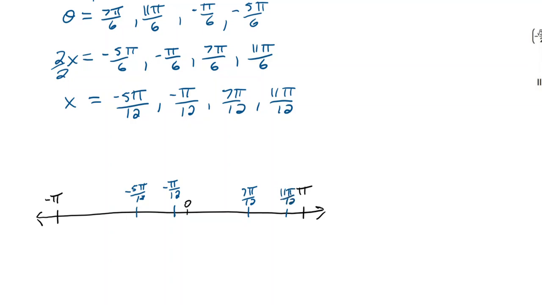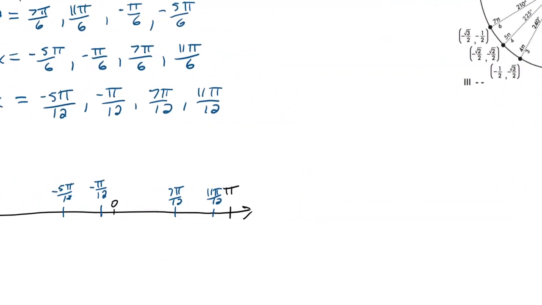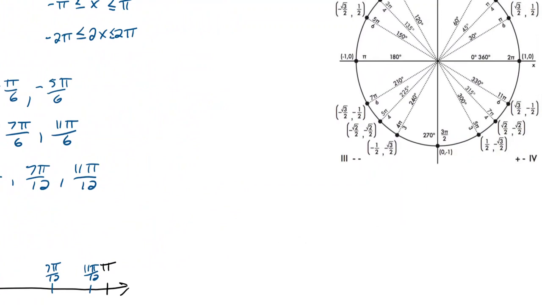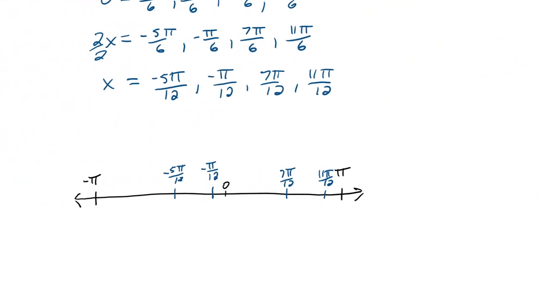All right, so we're interested in what's happening in the sections in between. Let's think about some numbers on these, because you get kind of lost sometimes. So if we're thinking of numbers to use as test values to figure out whether we're positive or negative, our first one is between negative pi and negative 5 pi over 12.